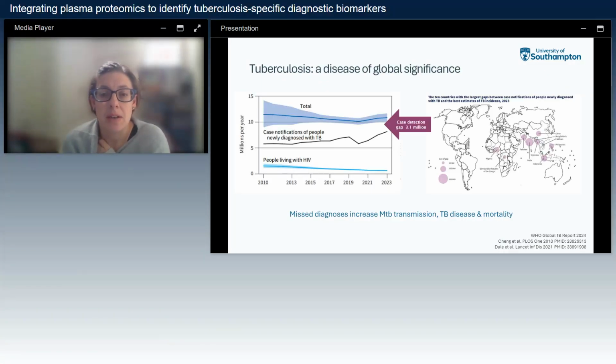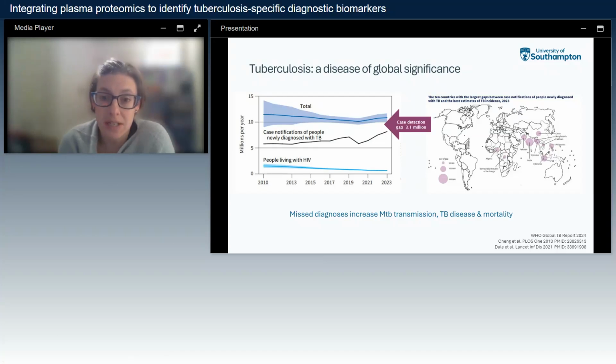So TB, as I'm sure you know, is a disease of global significance. This slide shows data from the latest WHO Global TB report published this year. The graph on the left shows the difference between case notifications of people newly diagnosed with TB and the estimated number of incident cases, which is the blue line at the top.